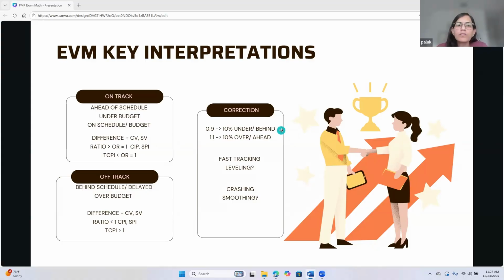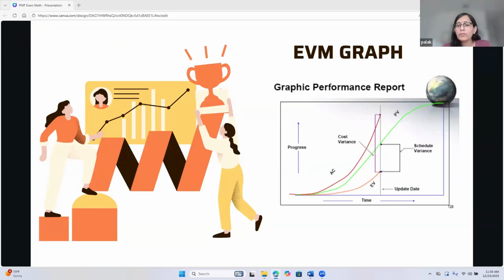So if you convert it to percentage, it will be 10% under or behind. If it's 1.1, then it's 0.1 greater, right? Then it's 10% over or ahead. So that's a really key interpretation.